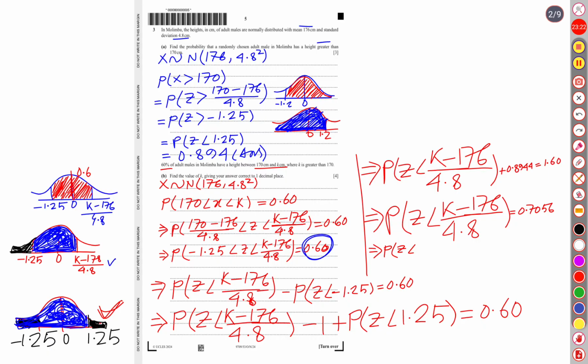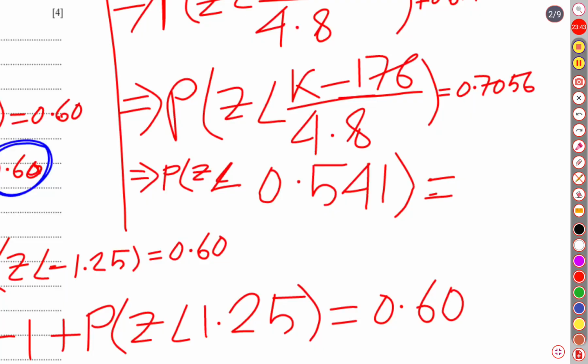So 0.541 is equal to, probability is 0.7056.